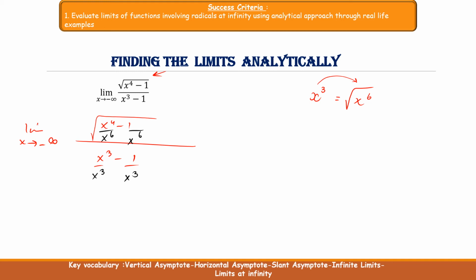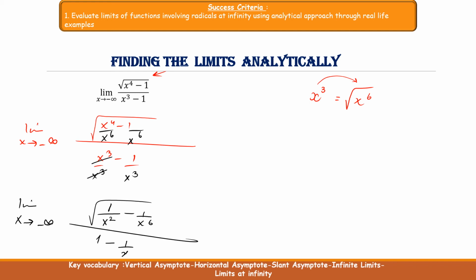Then bigger power minus lower power. So x power 6 is big, so 6 minus 4 is 2. On the top, nothing left, it means 1 left. Then 1 over x power 6. x cube cancels, so it will give us 1 minus 1 over x cube.